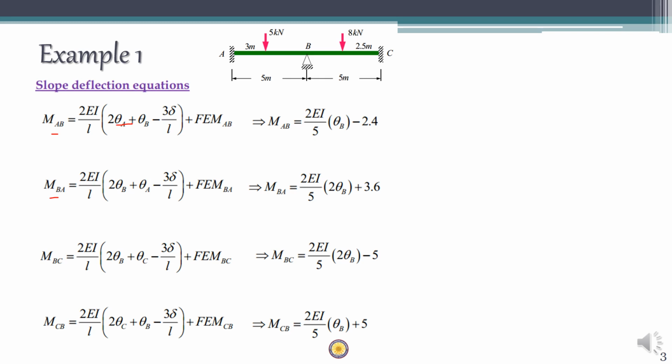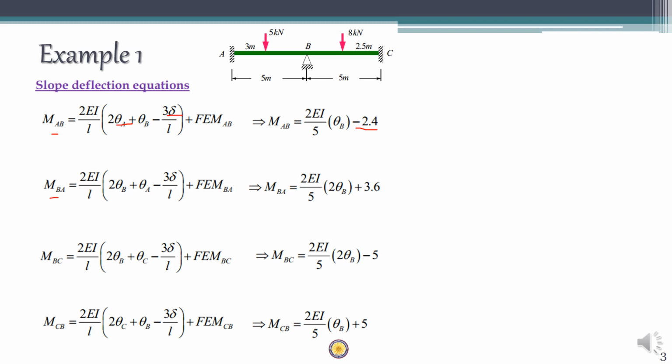Delta is the difference between theta B and theta A, so that is again 0, so this also becomes 0. So we have 2EI by L, where L is 5, into theta B plus FEM, which was minus 2.4. This is the equation relating the support moment MAB and the slope at B.